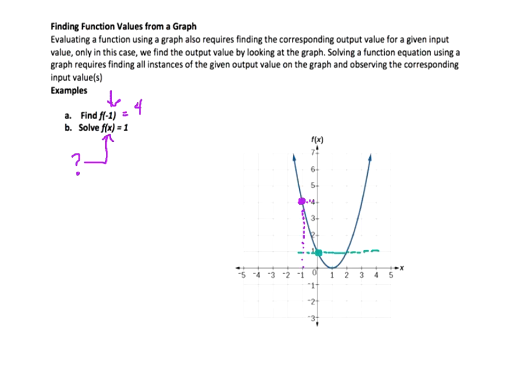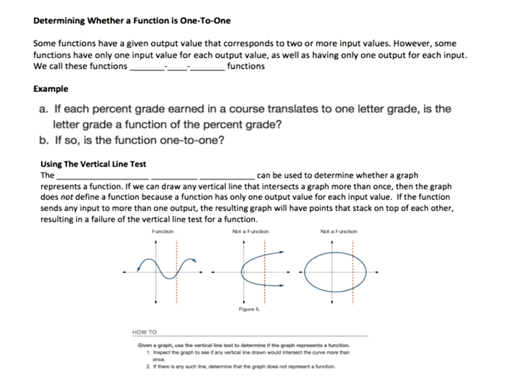If I want an output value of 1, I could have plugged in 0, or I could have plugged in 2. So X had to equal either 0 or 2 in this case. That is the solution to the equation.